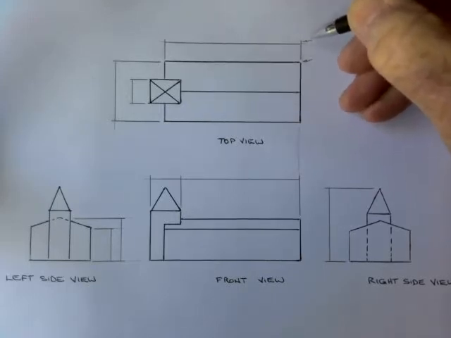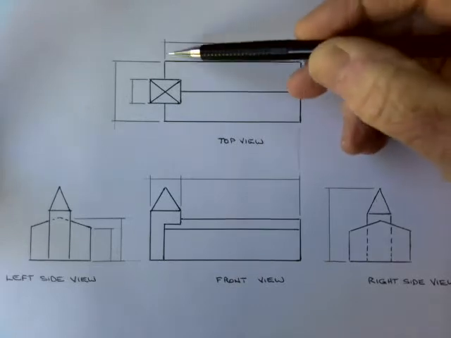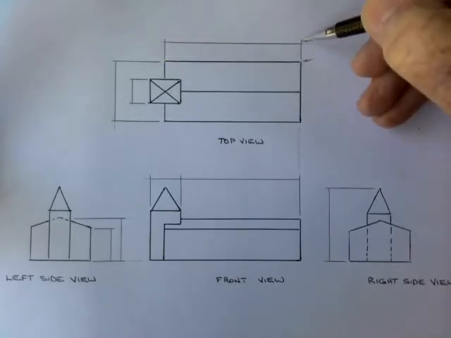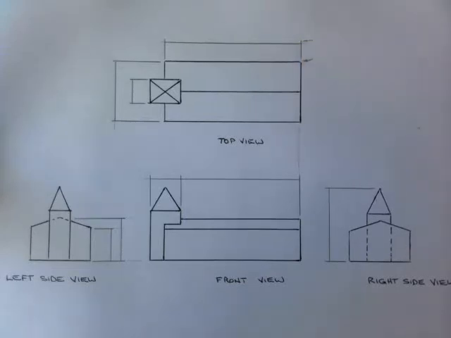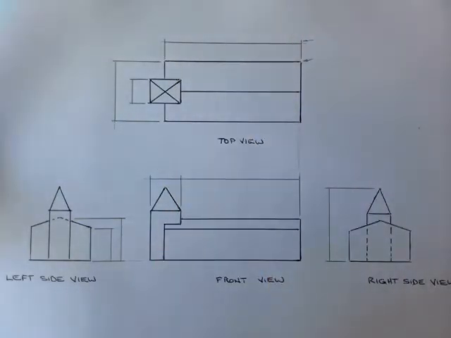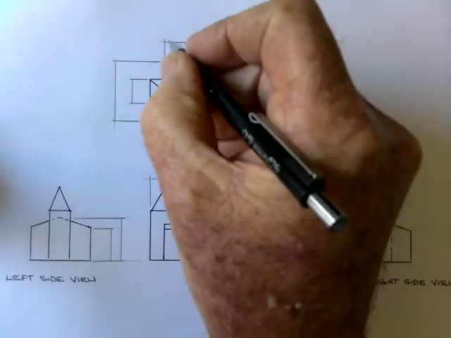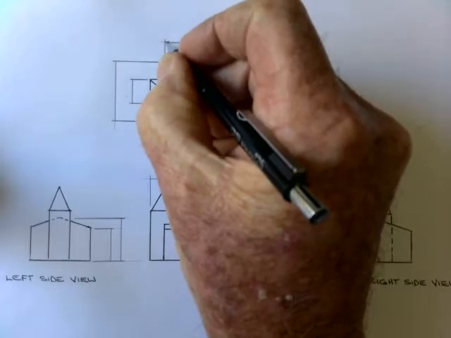So this is our extension line. It starts about 1 to 2 millimeters away from our drawing, doesn't touch the drawing up this end, and it also extends about 1 to 2 millimeters beyond our dimension line. In this case, that dimension from my drawing is approximately 73 millimeters. What I'm going to do is place the arrows on each end.